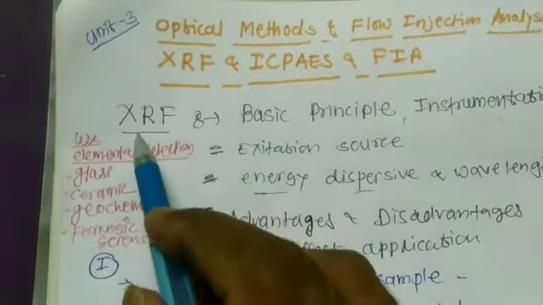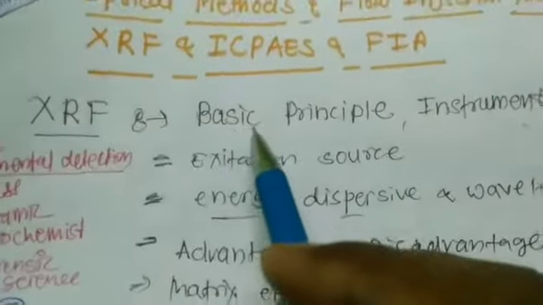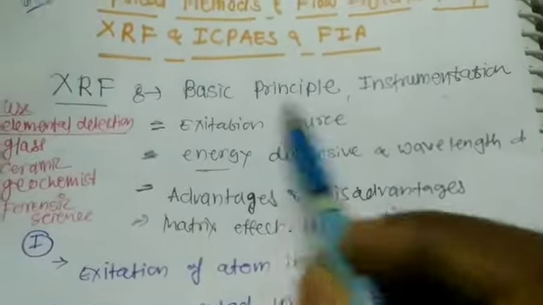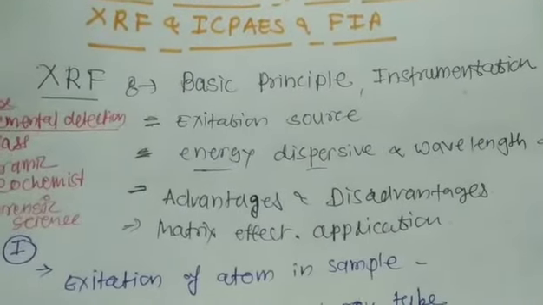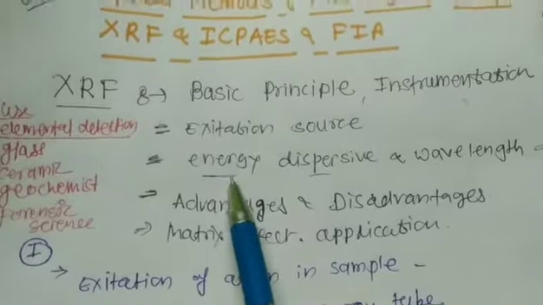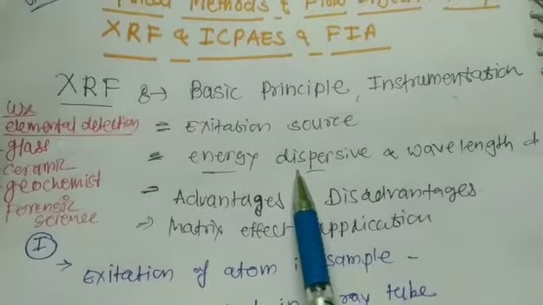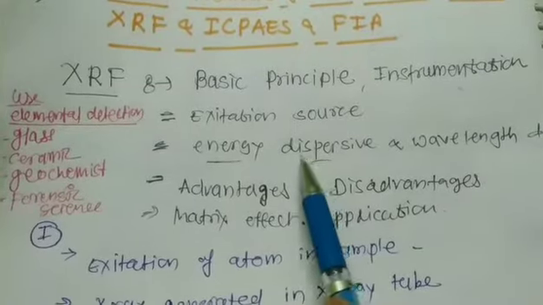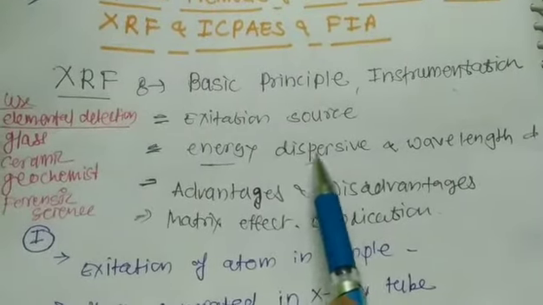In X-ray fluorescence, in your syllabus there are basic principles of X-ray fluorescence, instrumentation of X-ray fluorescence, excitation source of X-ray fluorescence, energy dispersive X-ray fluorescence, and wavelength dispersive. These are the two different techniques of XRF.